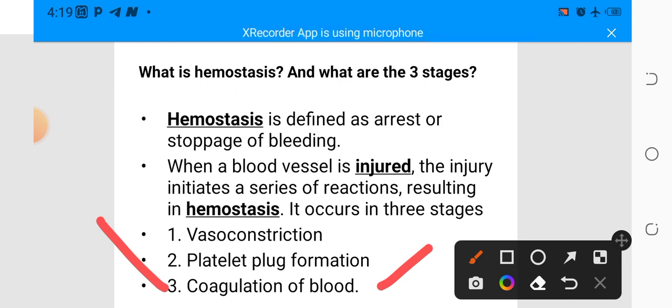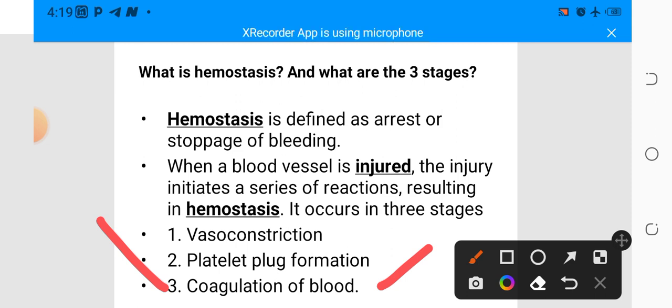That is formation of prothrombin activator, then conversion of prothrombin to thrombin, and then activation of fibrinogen to fibrin.